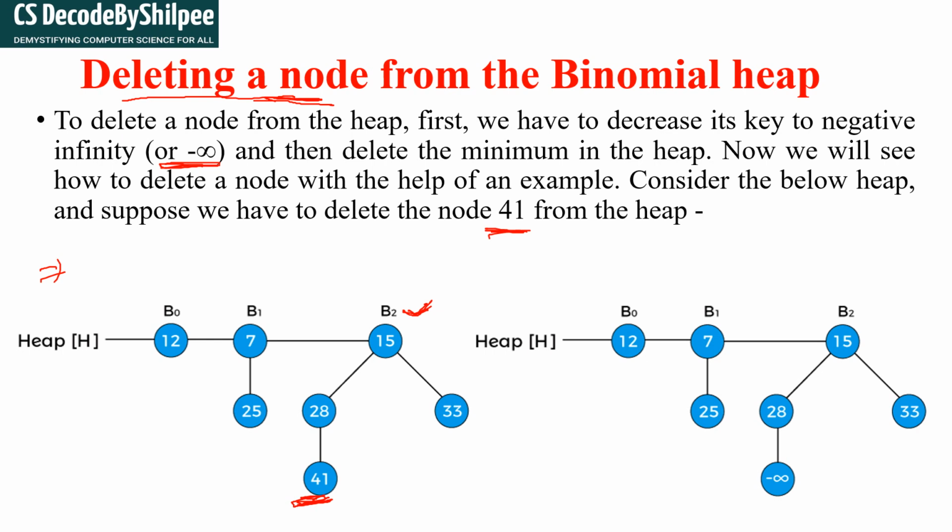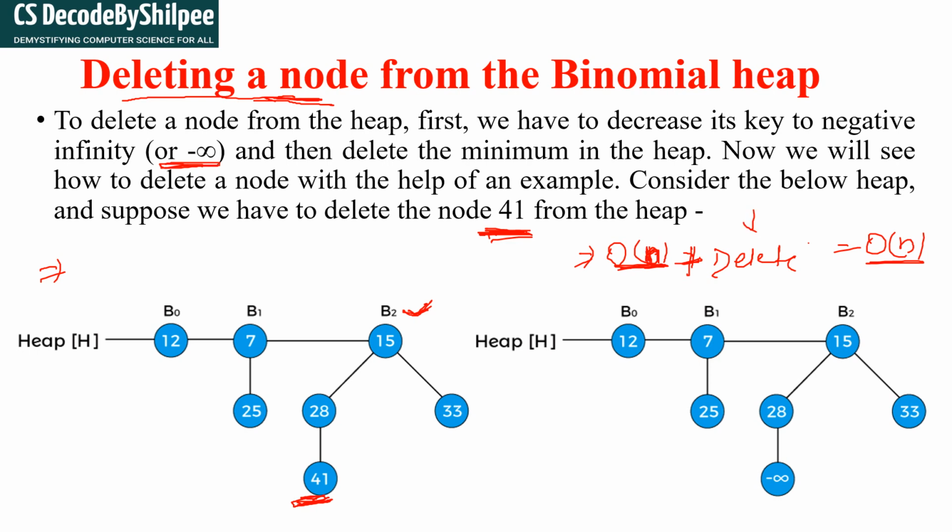If we don't know the address, then first we have to search where 41 is available. Searching will take order of n time, right? First search and then delete, so the time complexity is order of n.